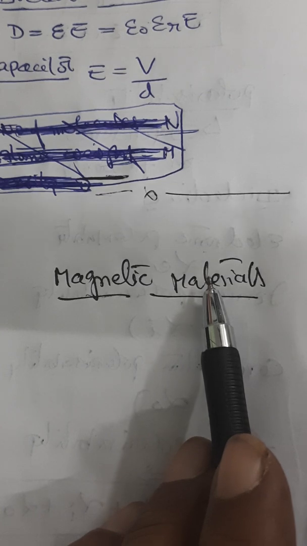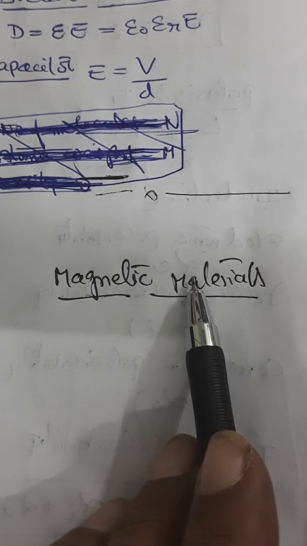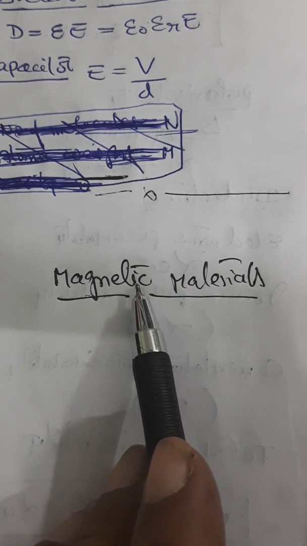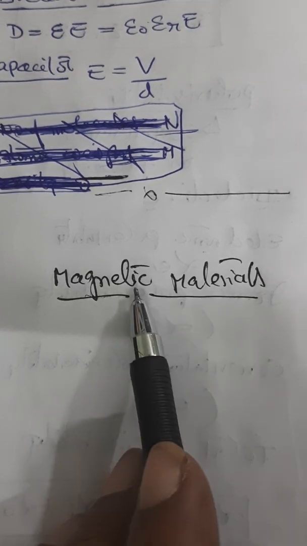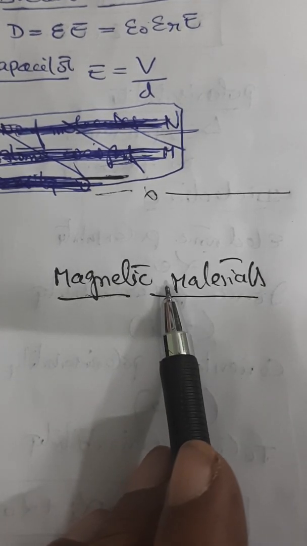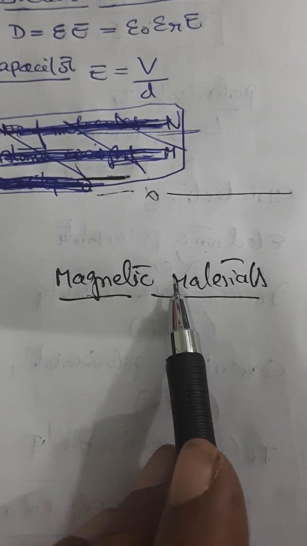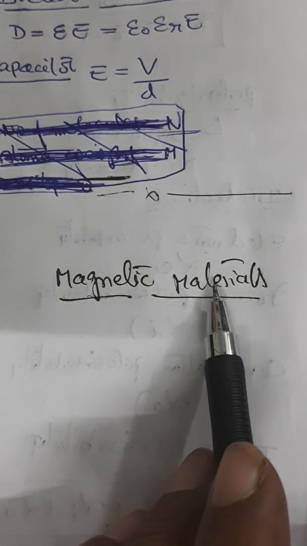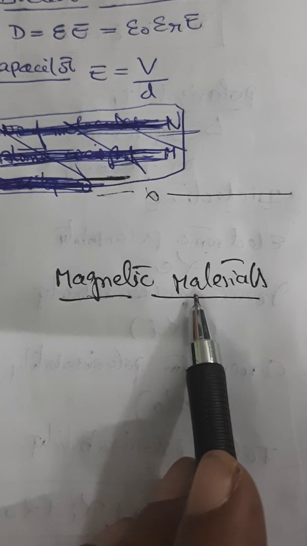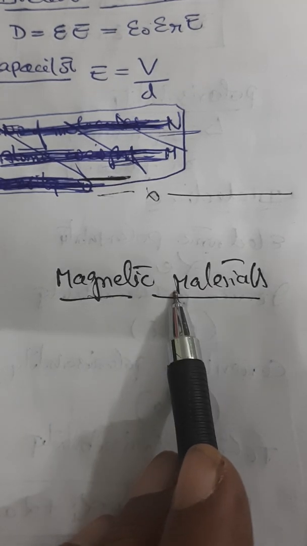You all know, if you go back to your lower classes, right from high school, you have seen the origin of magnetism, that is, the molecular theory of magnetism, which we call Ewing's molecular theory, where each molecule of a material acts as a magnet.